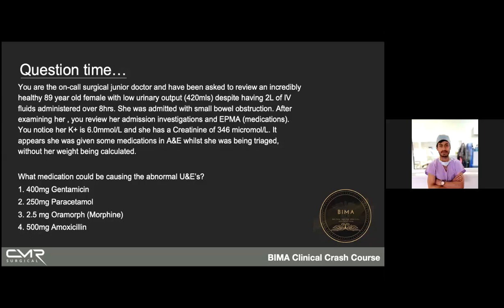You notice her potassium is 6 millimoles per liter, and she has a creatinine of 346 micromoles per liter. It appears she was given some medications in accident and emergency while she was being triaged to general surgery without her weight being calculated. So what medication could be causing the abnormal U&Es? And is there a possibility that all of these medications could potentially be damaging the kidney as well? I'll leave that to all of you to try and answer.